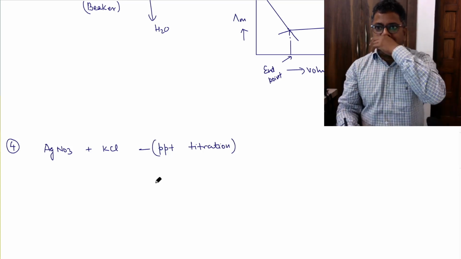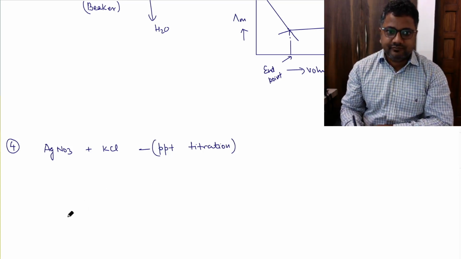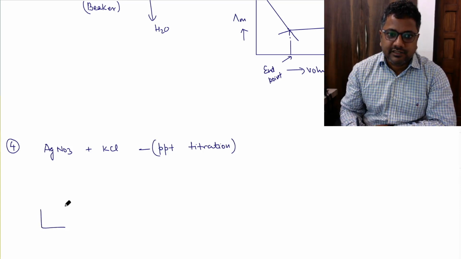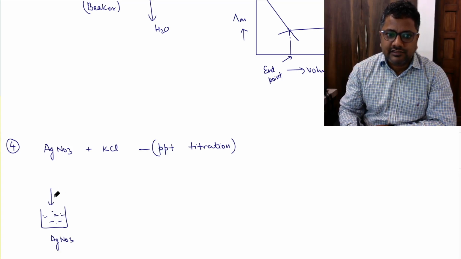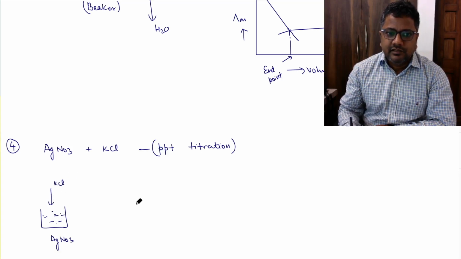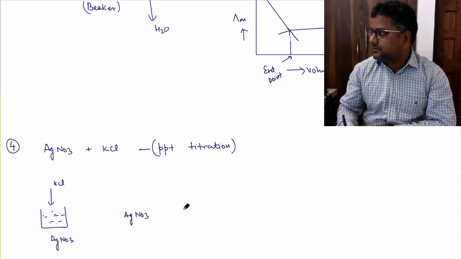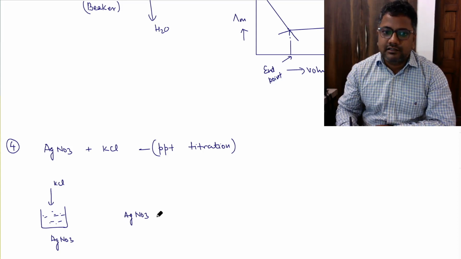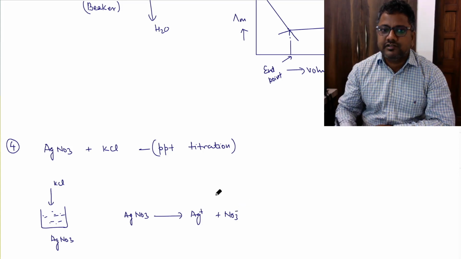Right? Now see, suppose that we have silver nitrate in the beaker, because first you have to define the system, and you are adding KCl. You know this silver nitrate is a strong electrolyte, and this will always be fully dissociated, Ag plus plus NO3 minus.